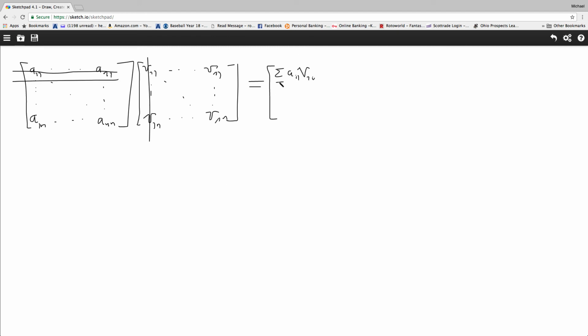So it's going to be the sum A_i2 V_1i. Continue that down: sum A_in V_1i. And you can do that for the rest.